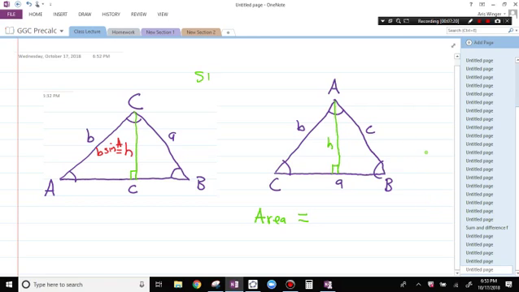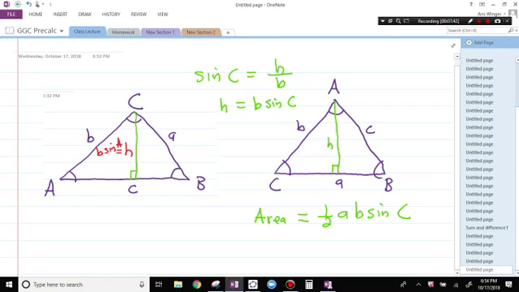I know that the sine of C is H over B, and so H is equal to B sine C. The area would be 1/2 the base times the height.